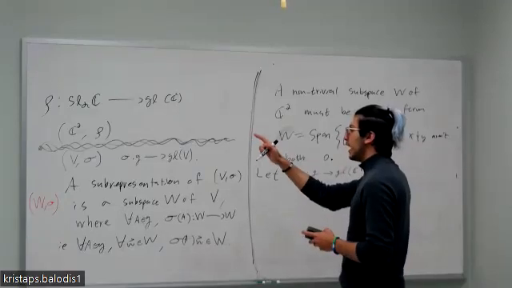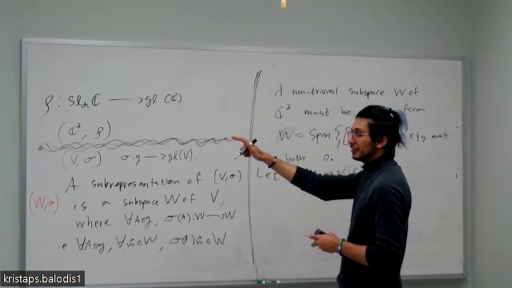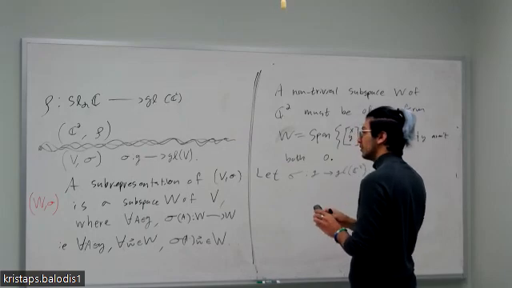And you said that we're looking at rho being the identity map, yes? Well, it's the inclusion.